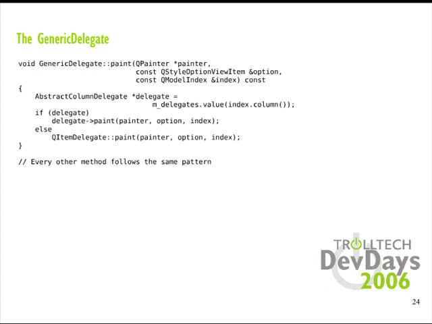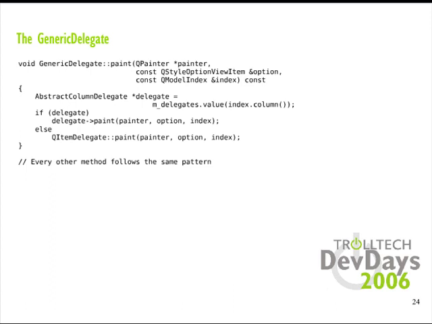Okay. So, painting. This is the only method I'm going to show. There are 4 methods. There's paint, there's set editor, and so on. This is the only one I'm going to show because all the others are basically the same. The first thing we do is say, what is the abstract column delegate for the column you're asking about? And there's 2 possibilities.